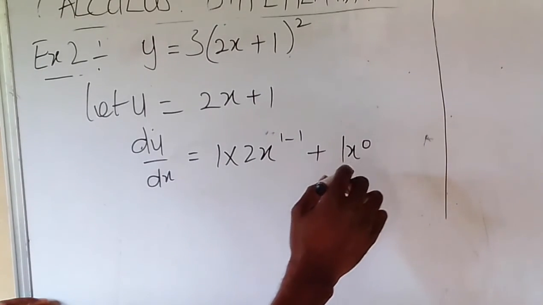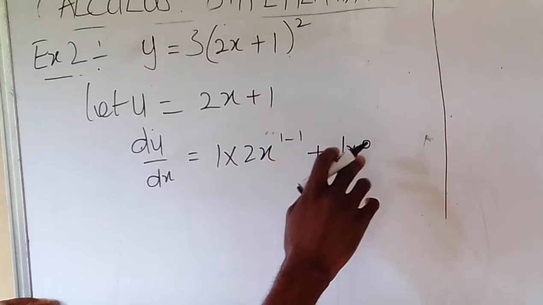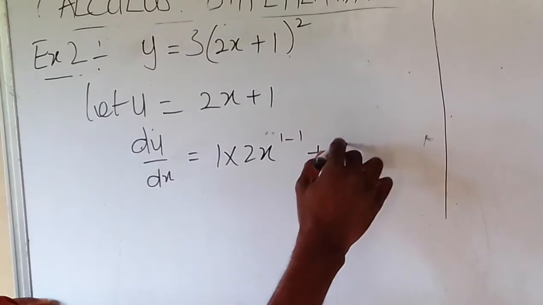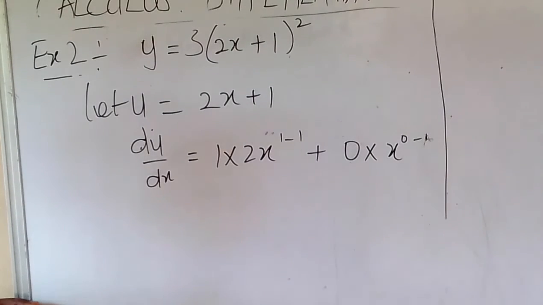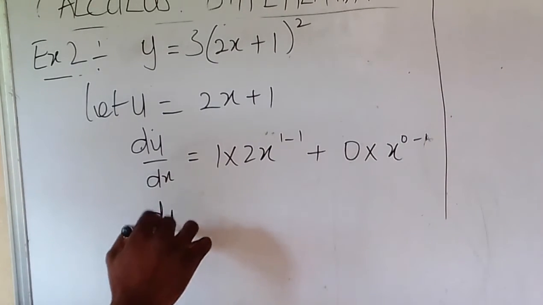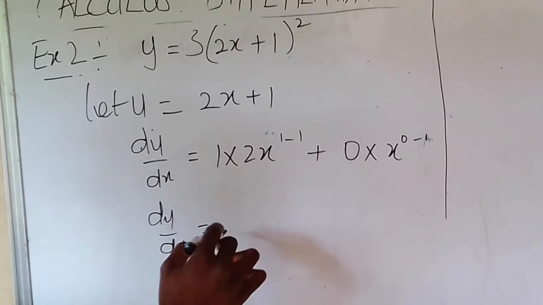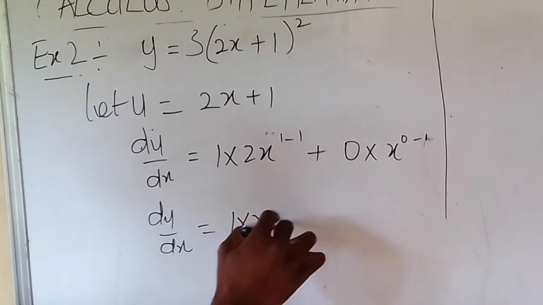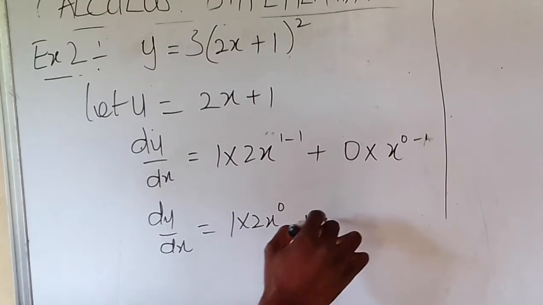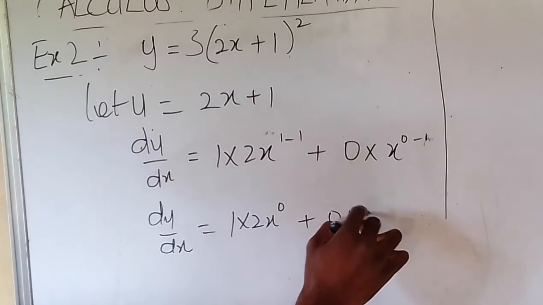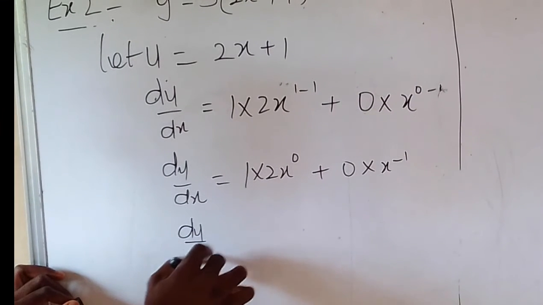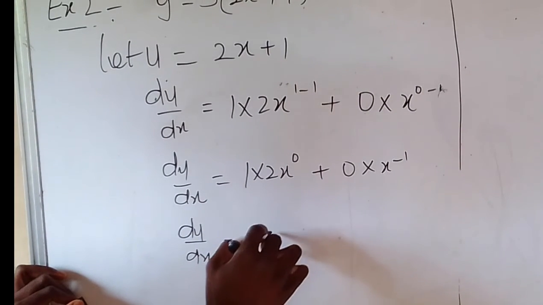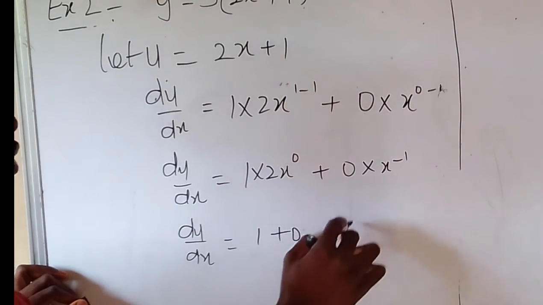So that becomes 1 times 2x raised to the power 0 plus 0 times x raised to the power minus 1, leaving our du/dx to be equal to 1 plus 0, which is 1.